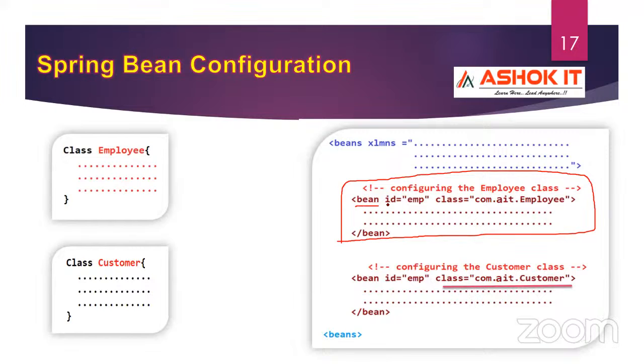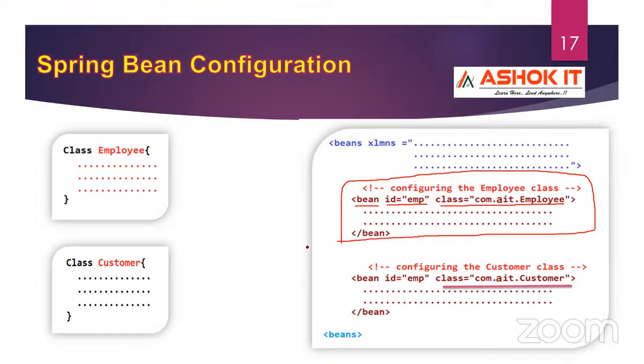You can supply the identity of the bean, and you can supply the fully qualified name of the class, so that you can mark that Java class as a Spring Bean. Once you configure a certain class as a Spring Bean, make sure that you configure that bean definition in the configuration file.